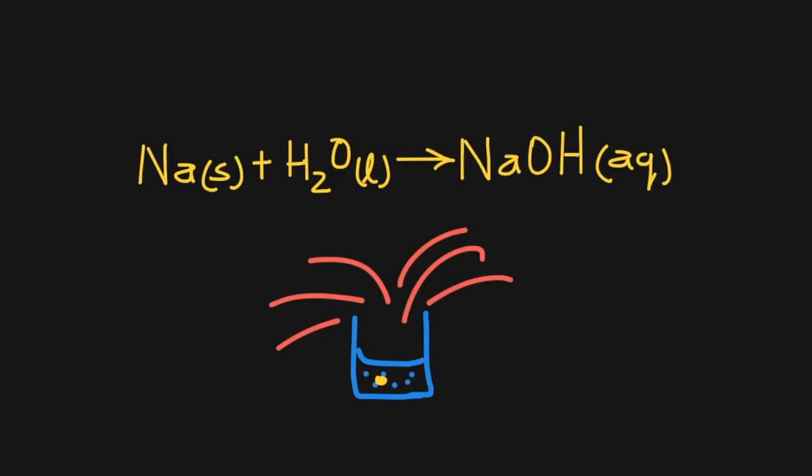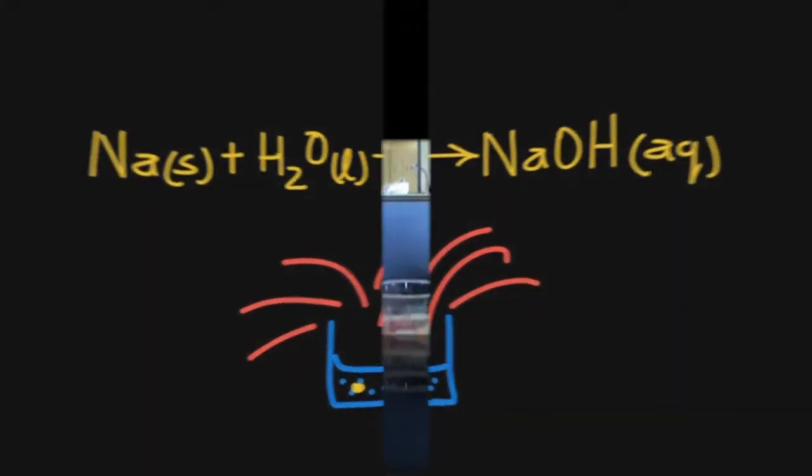But what about a specific chemical reaction to demonstrate spontaneity? Well, a great reaction to consider is the classic reaction between sodium and water, an explosive reaction that can provide you with a mini fireworks display here in your beaker.